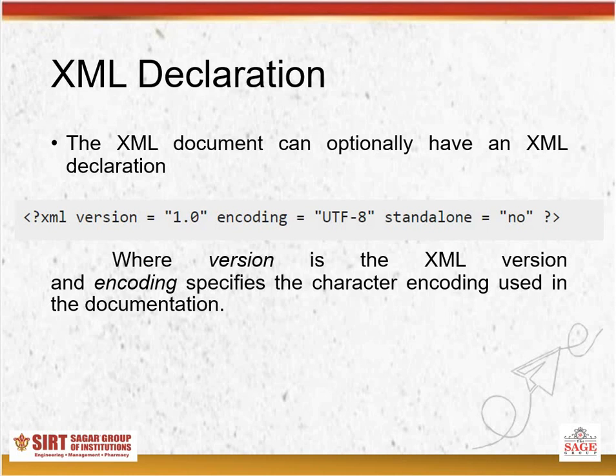UTF-8 is the default, but UTF-16 and other standards are also there. Standalone is no. We will understand the meaning of standalone when we come to the coding parts. The version is the version of the XML, and the encoding specifies the character encoding of the document.